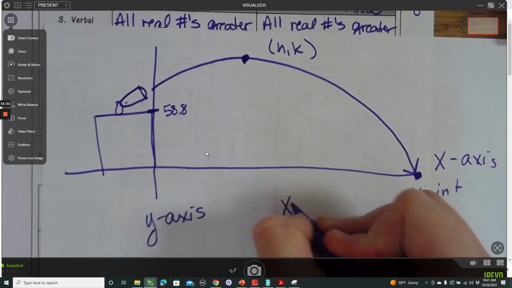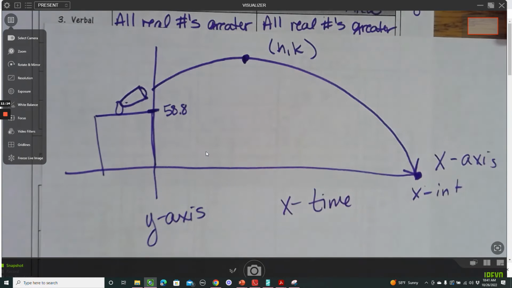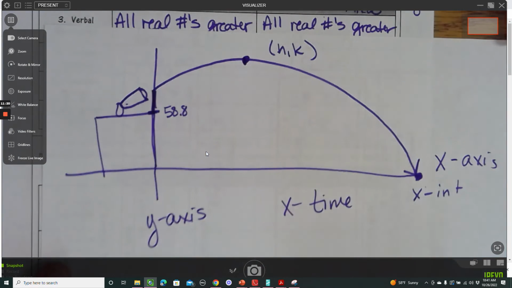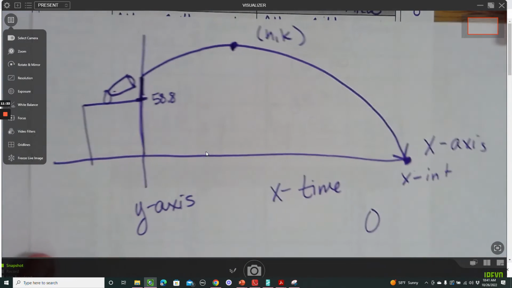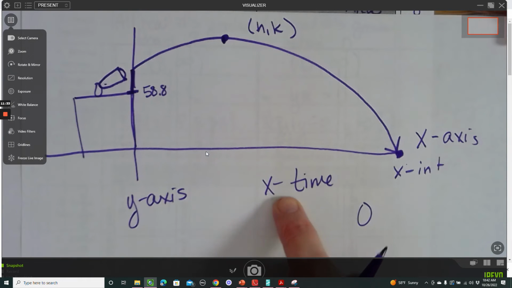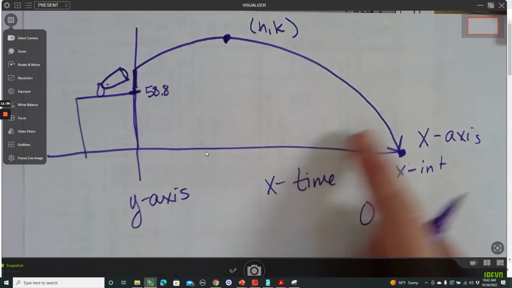X represents time. Can time be negative? So what's the x value right here when this thing is shot? 0. So I'm starting at 0. Where would my x's end when I'm talking about real world here? Time. The x is time? Yes. So where it hits the ground here.